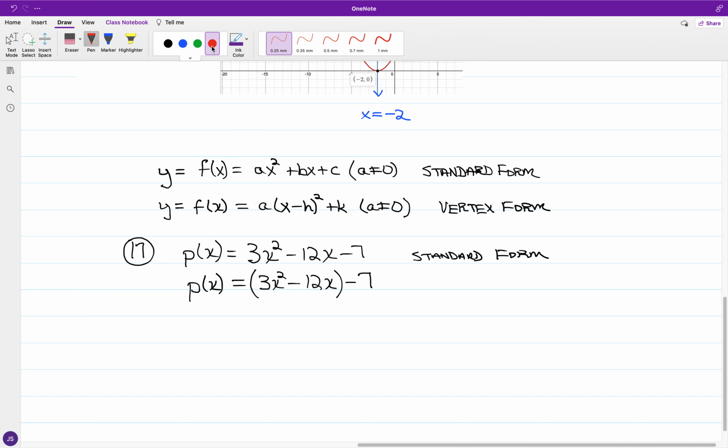But here we don't have x squared in the lead off, we have 3x squared. So I'm going to go ahead and factor out 3 from the parentheses. In this modified write-up, we have p of x equals 3 times the quantity: 3 goes into 3x squared x squared times, and 3 into negative 12x goes minus 4x times.